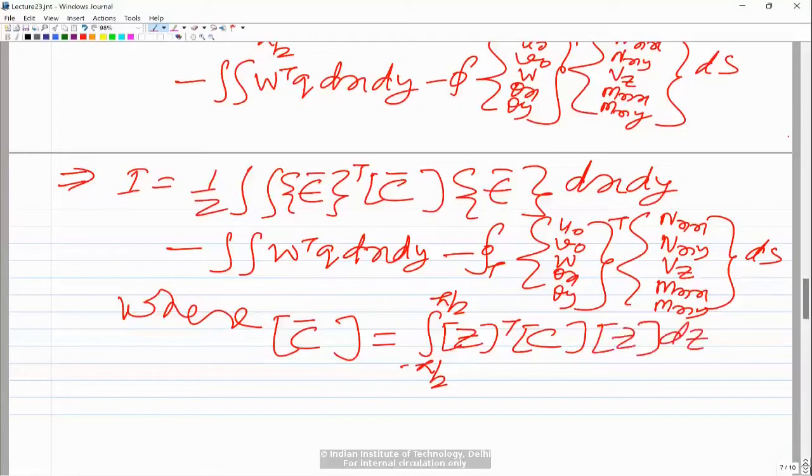And if you see, Z matrix is basically 5 by 8, and C is 5 by 5, Z transpose would be 8 by 5. So ultimately C bar matrix will be an 8 by 8 matrix. Of course, many elements are going to be 0 in this matrix when you multiply and see, but overall it is going to be a matrix of size 8 by 8.